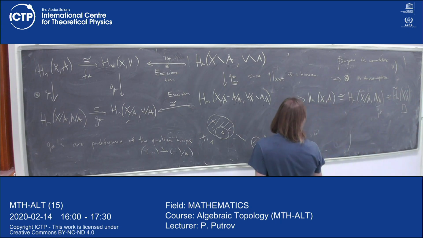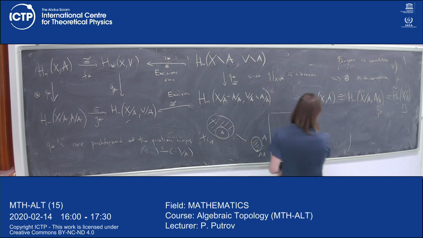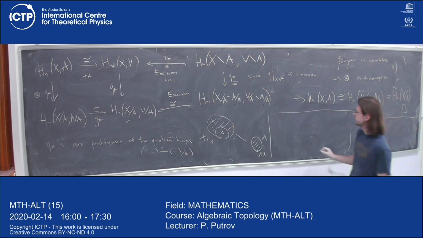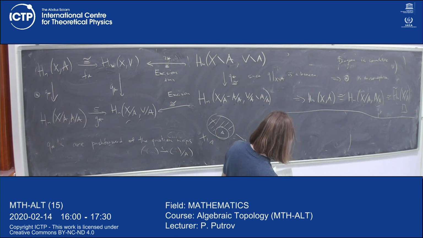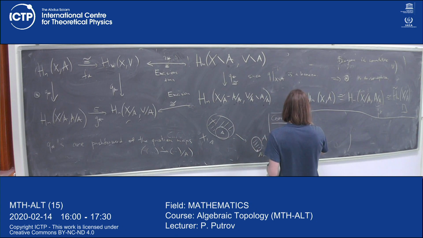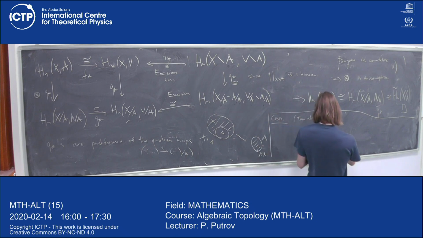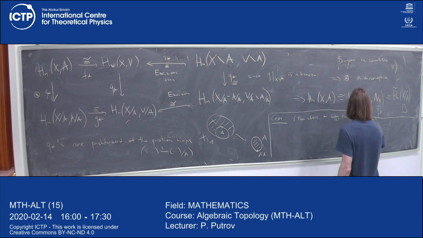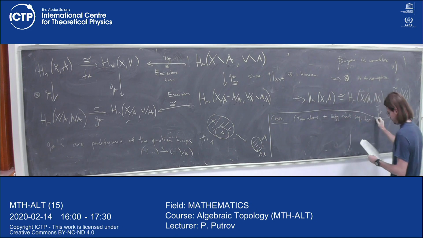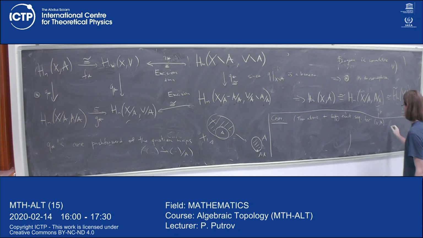And so we have immediately the following corollary. We combine the theorem, which we just proved, and the long exact sequence for the pair X, A. So we assume that this is a good pair.